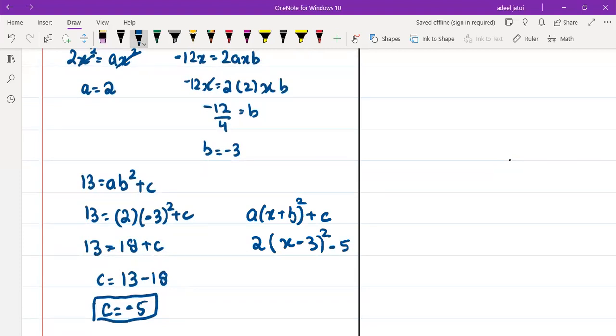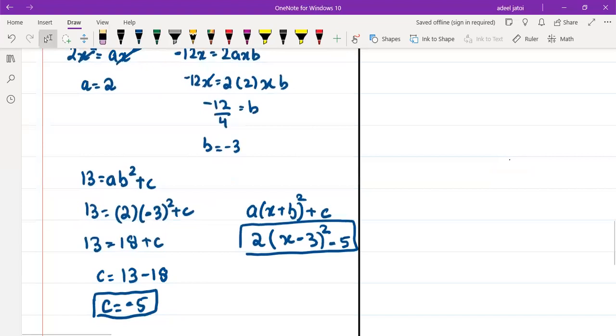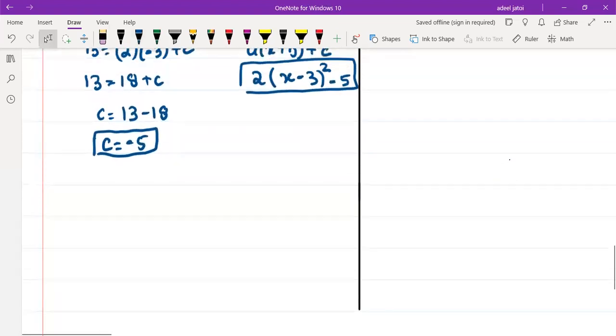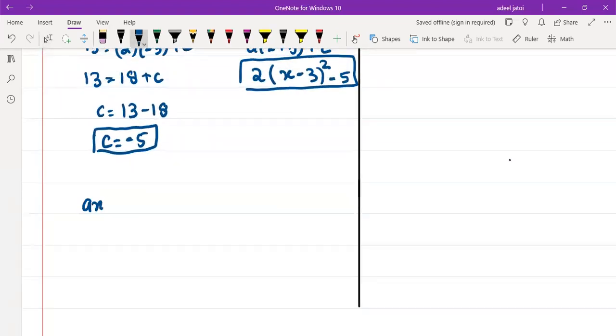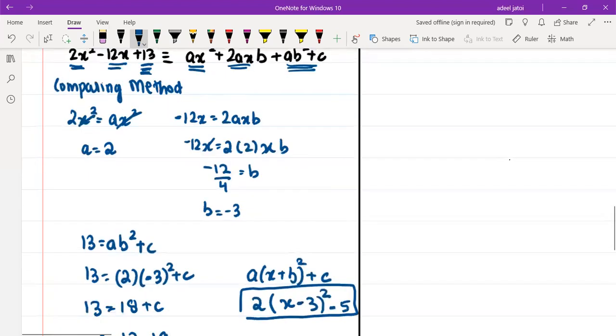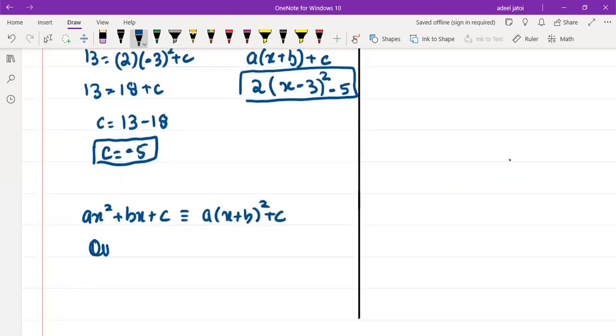Because of all the values, we wrote down the completing the square form. Now, this completing the square form is basically ax² plus bx plus c identified as a(x plus b) whole square plus c.